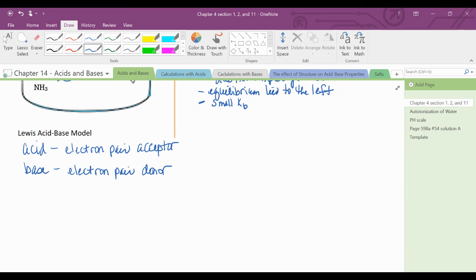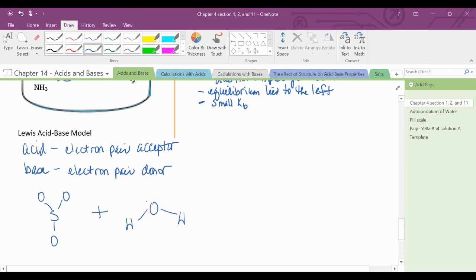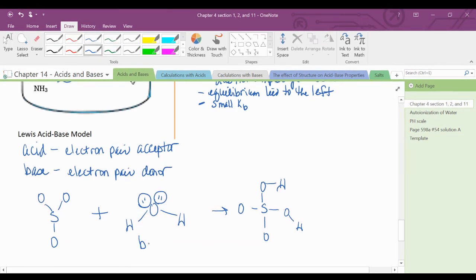Okay, so the best way to be able to recognize this is to be able to draw Lewis structures. So I have this, and it's going to react with water. And we are going to make, all right. Now, the fact that this water molecule has electron pairs that can donate makes this the base.